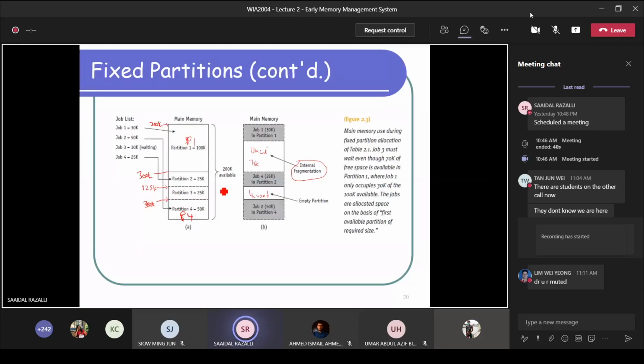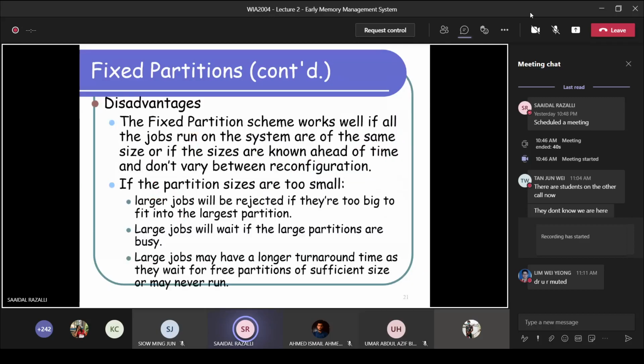Let's say job 3 has to wait until either job 1 or job 2 finishes. Then job 3 will go to partition 1 or partition 4 to execute, so the blocks become busy.